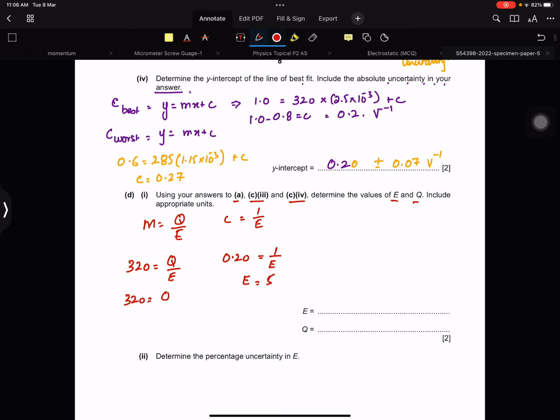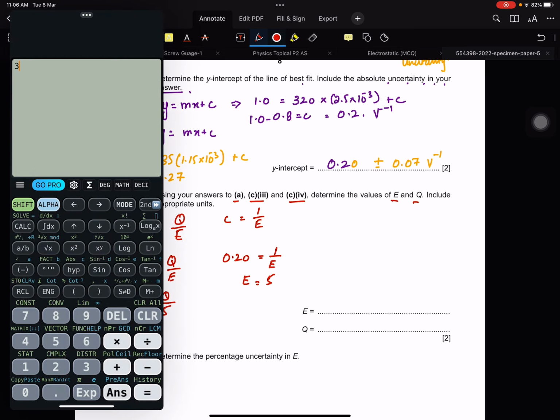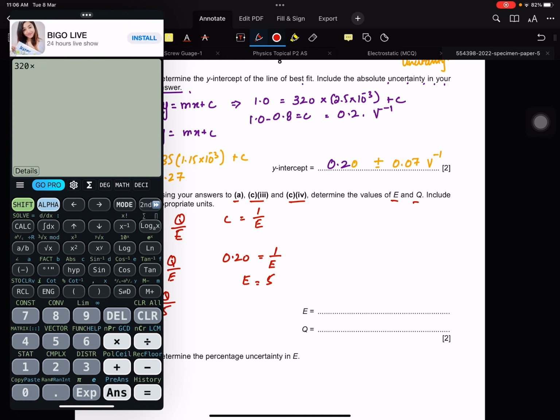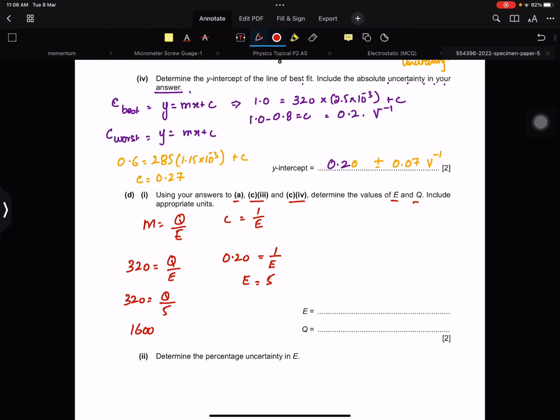So 320 equals Q over 5, and 320 times 5 would be 1600. So E is basically the reciprocal of the intercept, because the intercept was in V minus 1, which means this is 5 volts. The gradient was in ohm V minus 1, and when you multiply by the 5 V there, it is just going to be ohm. So E will be 5.0 volts, and Q will be 1600 ohms. So this will give us 2 marks.